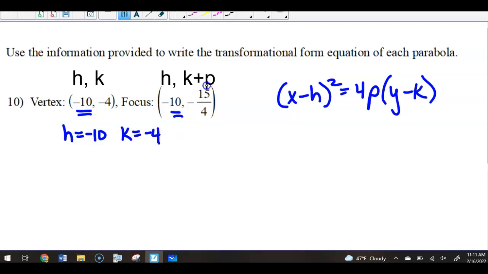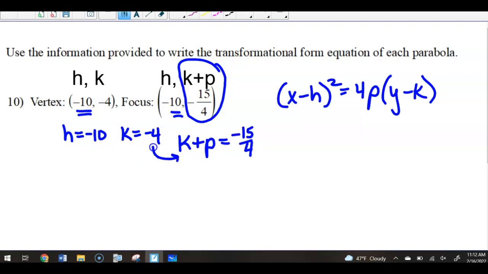and the form says, on my sheet, that for the focus, I'm supposed to use k plus p equals negative 15/4. Well, I already know that k is -4, so I can find p. -4 plus p equals -15/4.